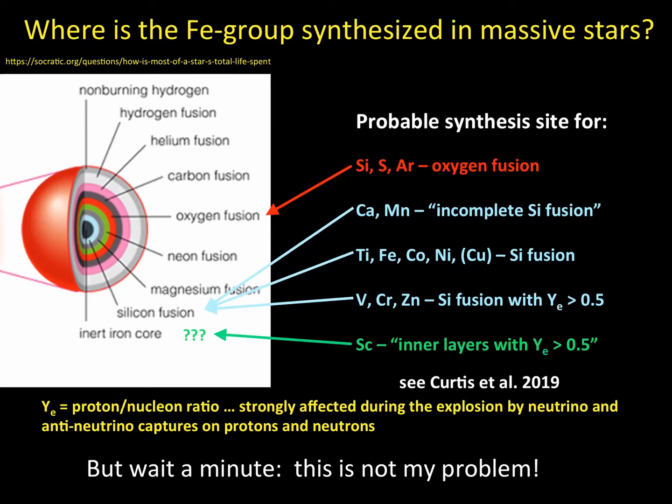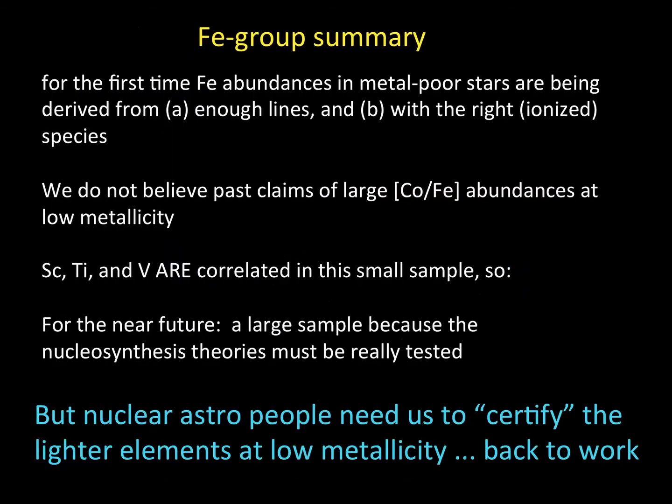If I don't give you reliable abundances, you're wasting your effort on nuclear astrophysics. I have the duty to give you abundances I can believe. And I'm embarrassed to say that has only happened recently for fundamental elements like iron and magnesium and silicon and scandium and titanium, okay? I turn it over to you.